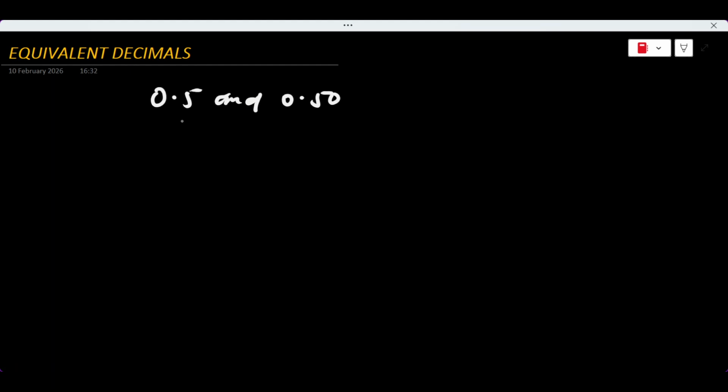Alright, so considering 0.5 and 0.50, here is the rule. Decimals with the same value have the same place value for each digit. So we know that the place value of 0.5, the 5 here is at the tenths place. And then considering 0.50, the 5 here is at the what? The tenths place. And then the 0 here is at the what?